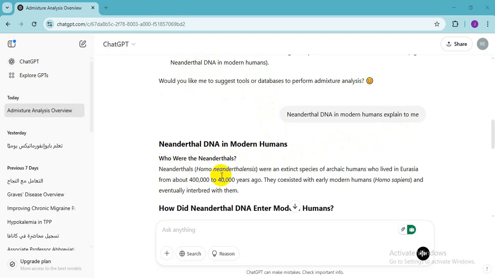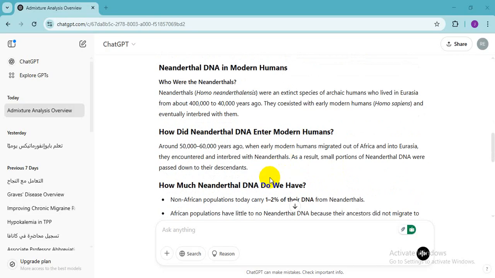Neanderthals, Homo neanderthalensis, were an extinct species of archaic human who lived in Eurasia from about 400,000 years ago. They coexisted with early modern humans, Homo sapiens, and eventually interbred with them.